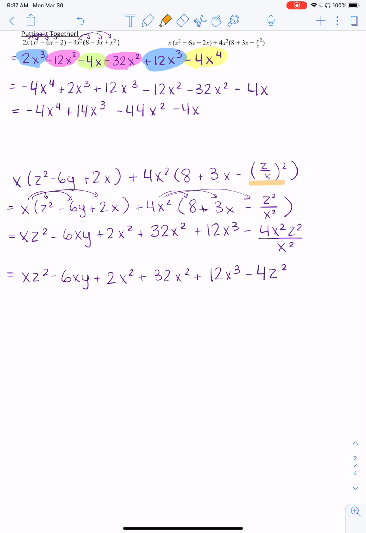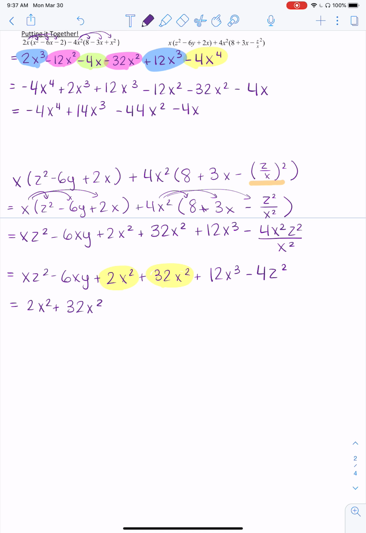And now I'm going to go through, and I'm going to look for some like terms. The only like terms are these guys right here. So we have 2x squared plus 32x squared.